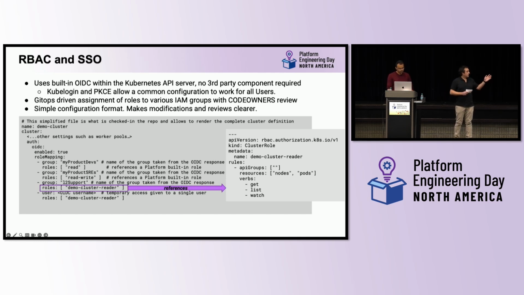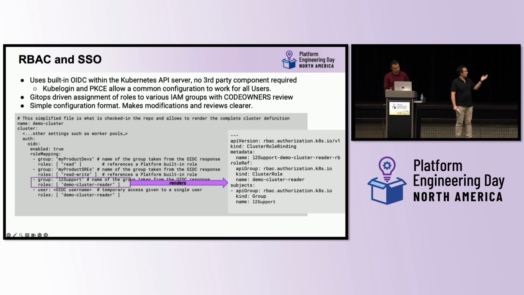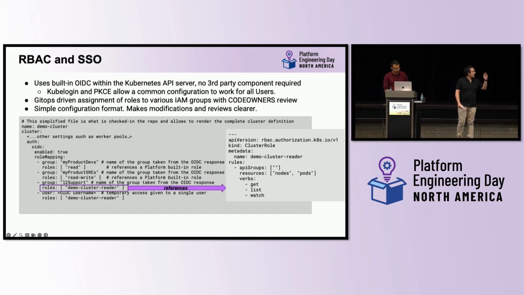Deep diving into our example, here we see that we have the product developer groups that is being assigned a role that is built into the platform. So our platform users don't have to do anything to have access to these roles. They just are out of the box within the configuration, so they have access to a read role. Product SREs have access to a role that is more powerful that provides them with read-write.